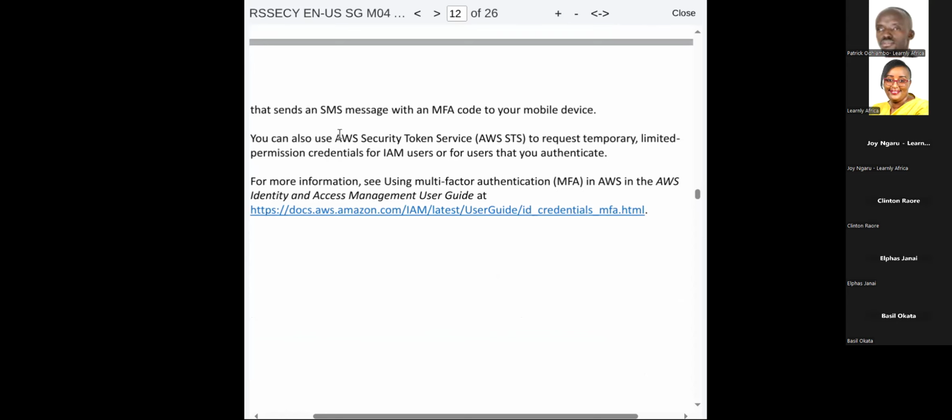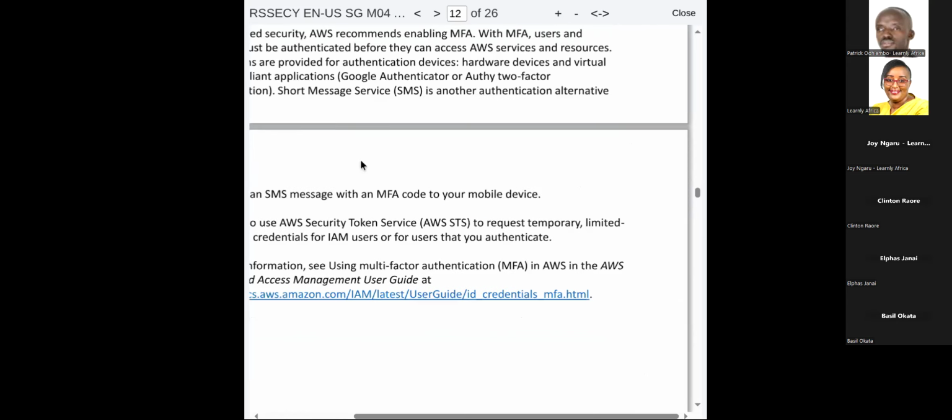So this is a very interesting service. It's called AWS STS. I want you guys to remember this, and it's good that you write it down, what you just need for your exam. AWS Security Token Service, STS. It's for giving you something like a one-time PIN, OTP.